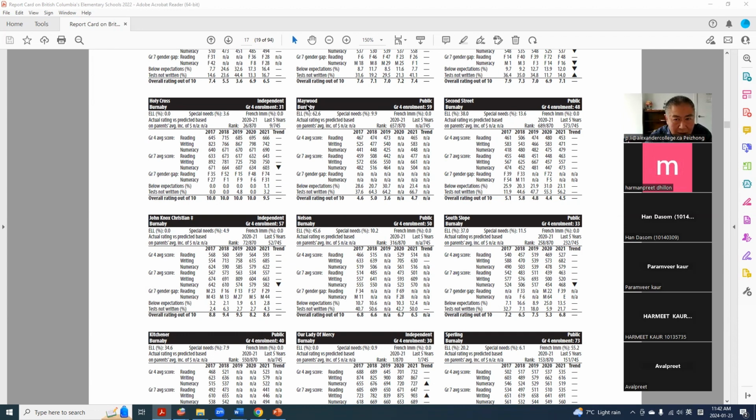And then how about this one? Next school, Maywood, also in Burnaby. And what's the rank? 657 out of 870. Is that good rank or poor rank? Poor rank, close to the bottom.